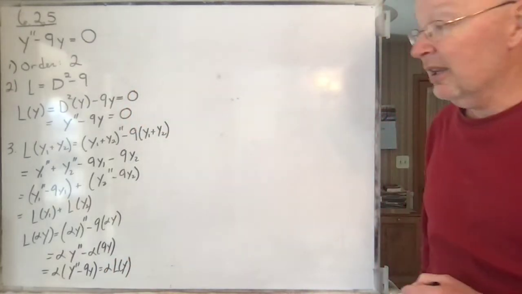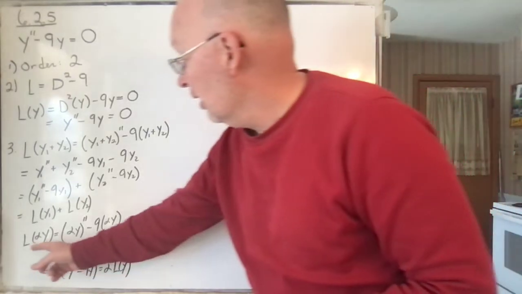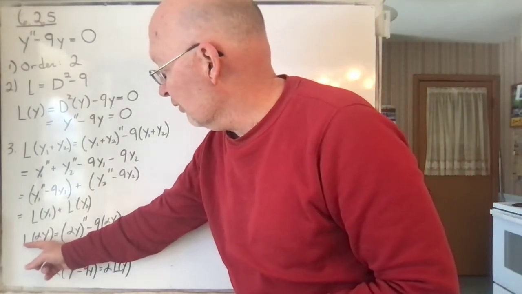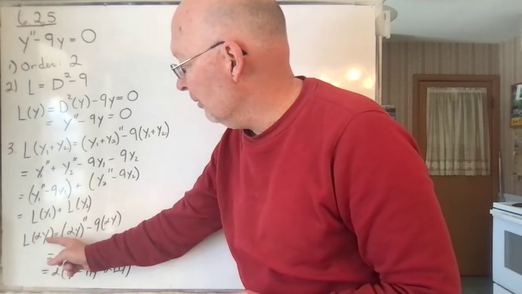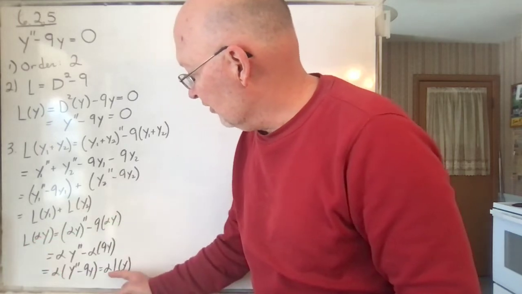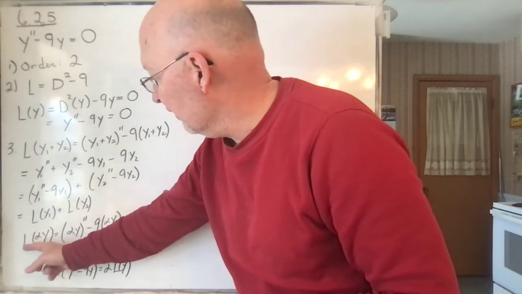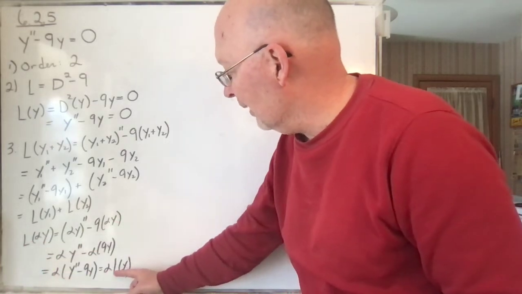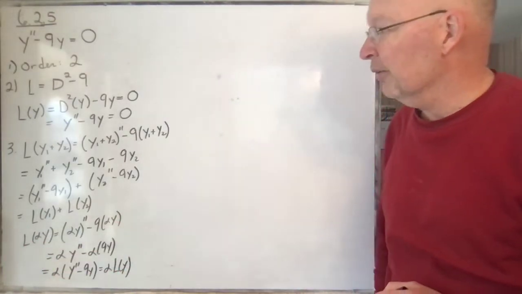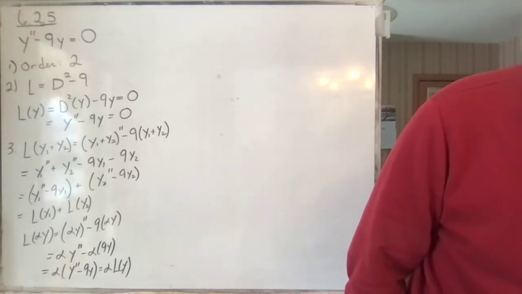Can you see all that? Yeah, I think that shows up. And so there's the other thing that had to be shown. A linear transformation has to have the property that if I take the linear transformation of a constant times the vector, it's just the constant times the linear transformation. I can do them in either order. So there we've shown number 3. We've shown that L is a linear transformation.